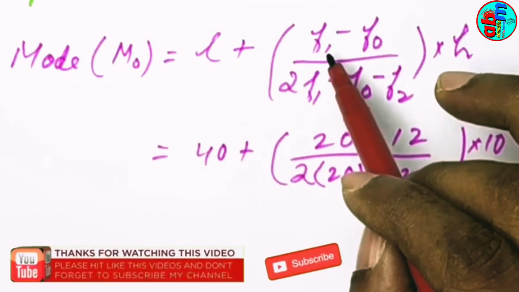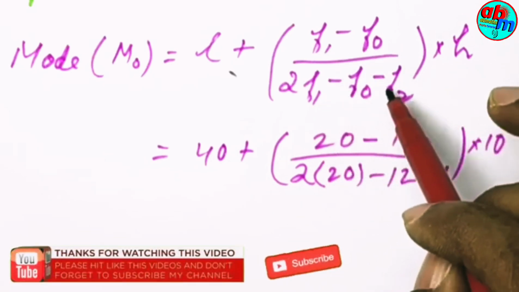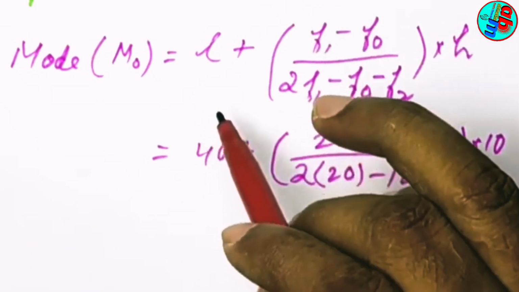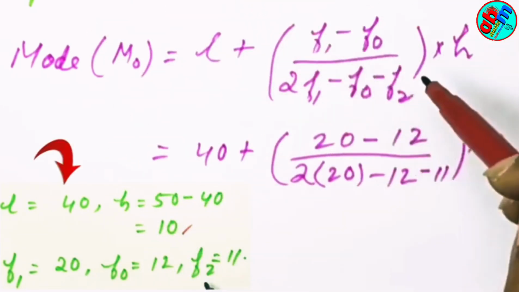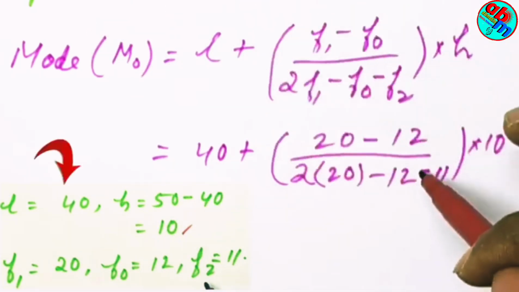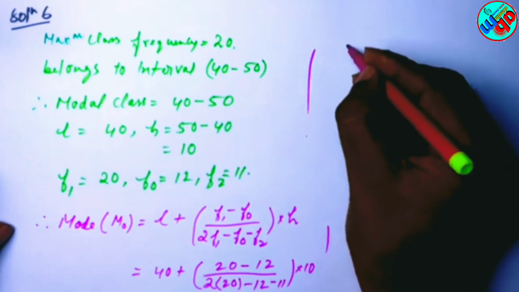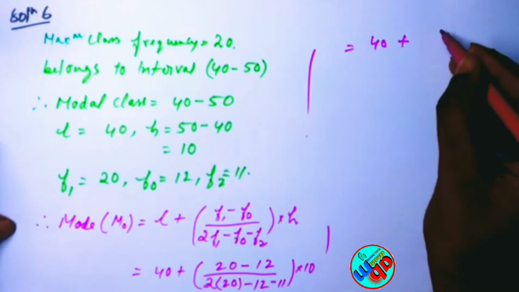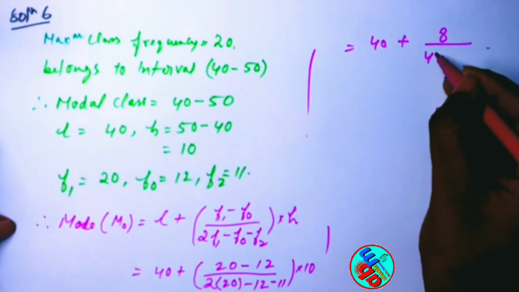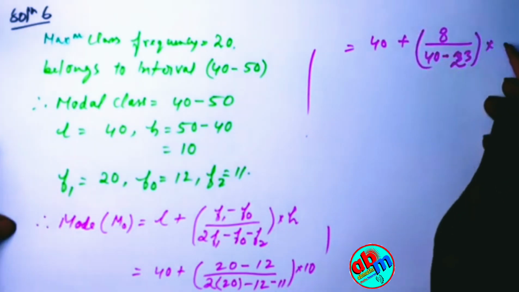So for the mode we have L plus (f1 minus f0) divided by (2 f1 minus f0 minus f2) into h. We substitute the values here, 40 within bracket, f1 is 20 minus 12 f0, 20 minus 12 minus 11, and calculate it. We get 40 plus 20 minus 12, which is 8, divided by 40 minus 23, which is 17, into 10.